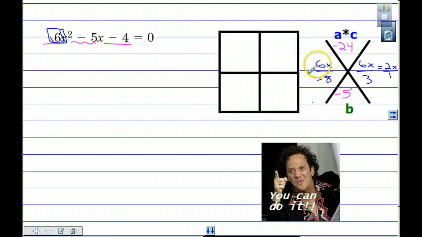And what is this reduced to? 3x over -4. Right. So those are your two binomials: 3x minus 4 and 2x plus 1.